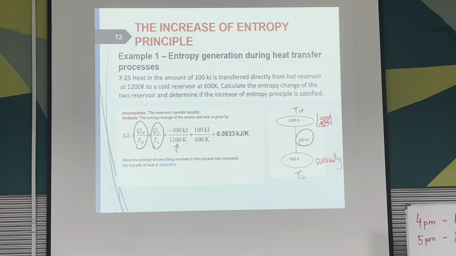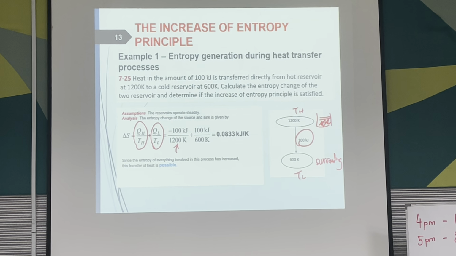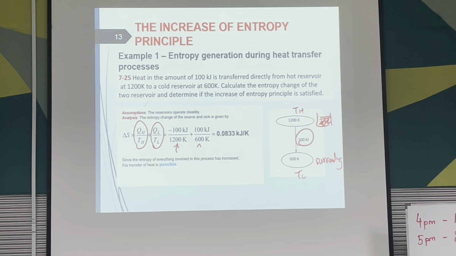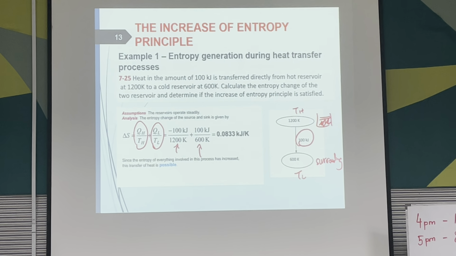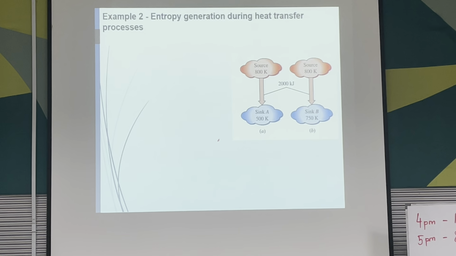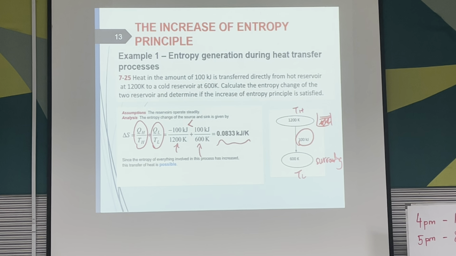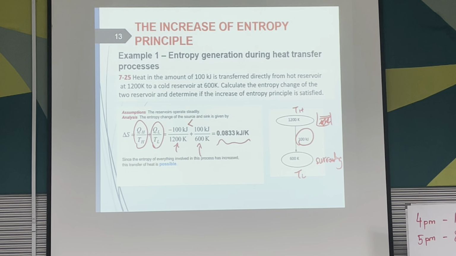But the temperature of the low temperature reservoir is 600 Kelvin. So obviously you know that this value will be more than this value, which is why you end with a positive entropy change value. So since the entropy of everything involved in this process has increased, this transfer of heat is possible. So this keeps with the increase in entropy principle.